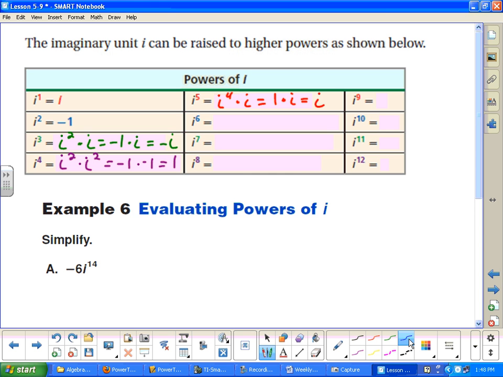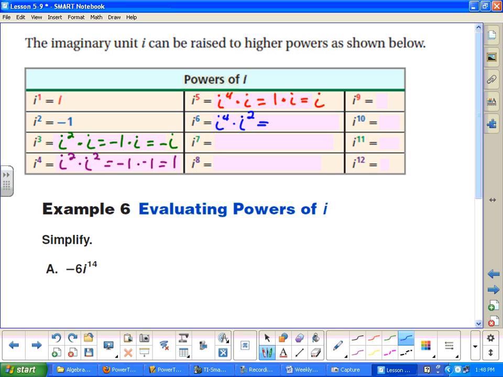That's pretty handy, isn't it? How about i to the 6th then? How could I break up i to the 6th? I could do i to the 5th times i. Is there another way I could do it? 4 and 2. i to the 4th times i squared. Now, why is 4 so nice, Jordan? Because it's 1, and 1 times anything is whatever, right?